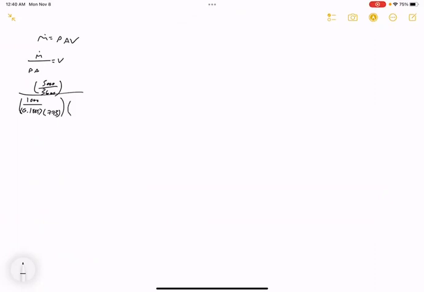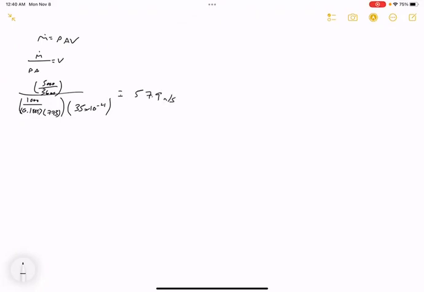And of course, we're multiplying by the area, which is given in centimeters squared, so we have to divide by 100 squared to get into meters. We end up with 35 times 10 to the negative 4 meters squared. If you crunch all this, you'll get that the velocity is equal to 57.9 meters per second.